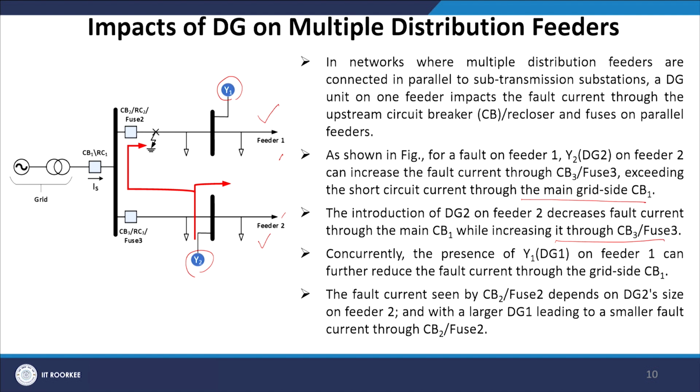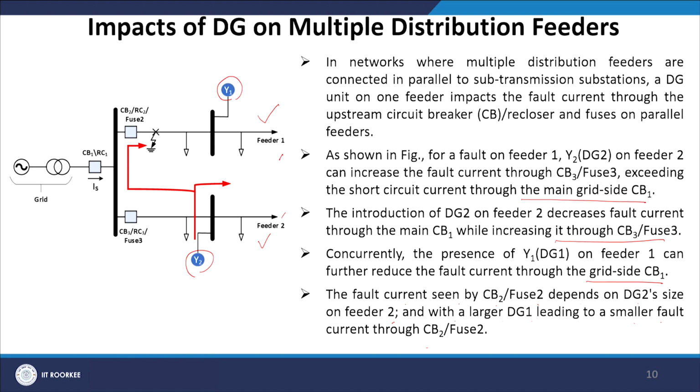Concurrently, the presence of DG1 on feeder 1 can further reduce the fault current through grid side CB1. The fault current seen by CB2 or fuse 2 depends on the DG2 size on feeder 2, with a large DG1 leading to a smaller fault current through CB2 or fuse 2.